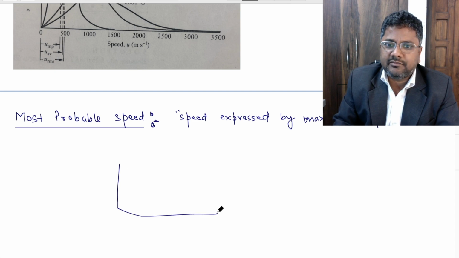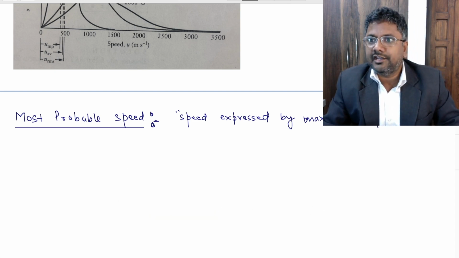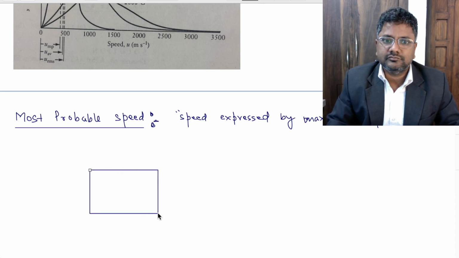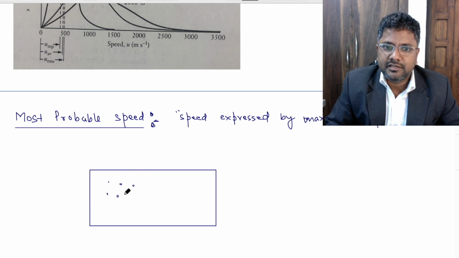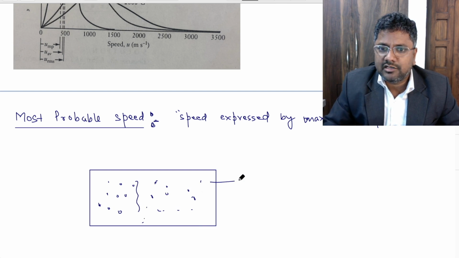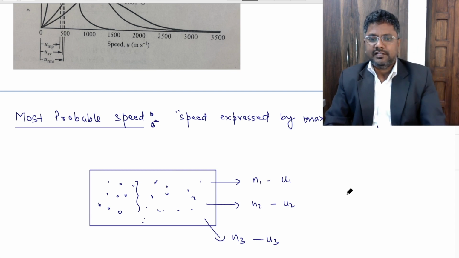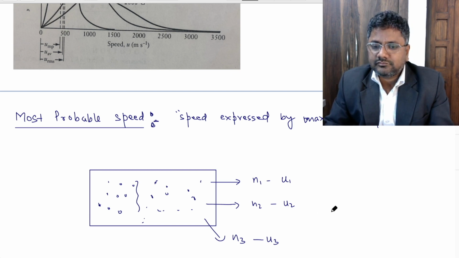Suppose we have a container with certain molecules: n1 molecules with speed u1, n2 molecules with speed u2, and n3 molecules with speed u3.